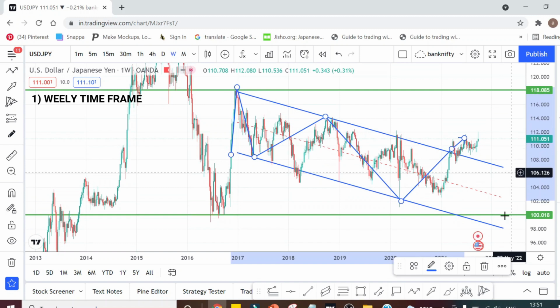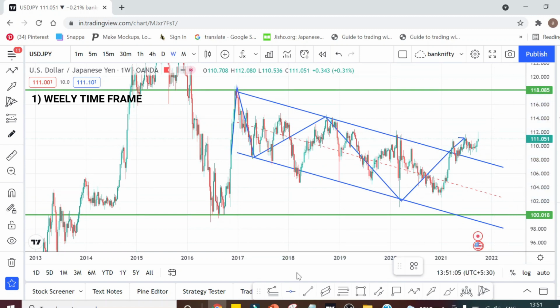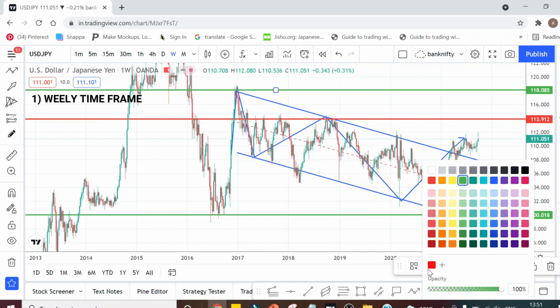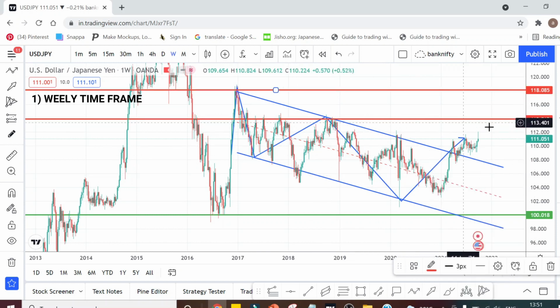When we mark the support and resistance points, this is the resistance here, and next is over here. Let me change the colors. We have a resistance here at 118. Next resistance is 113.